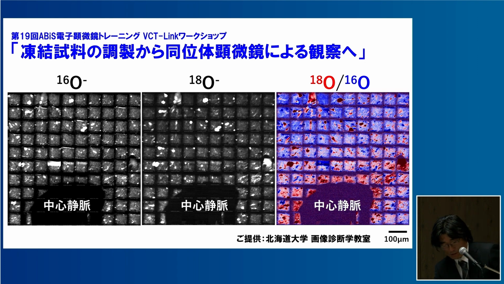On the isotope ratio image, red means O18 rich, which is maybe a cut vessel, here or here.